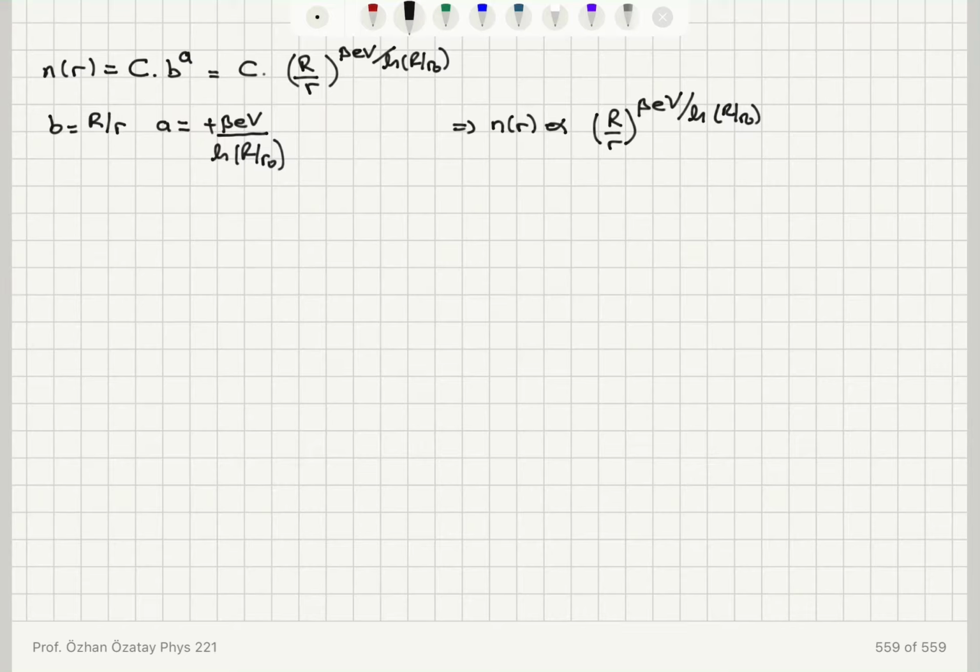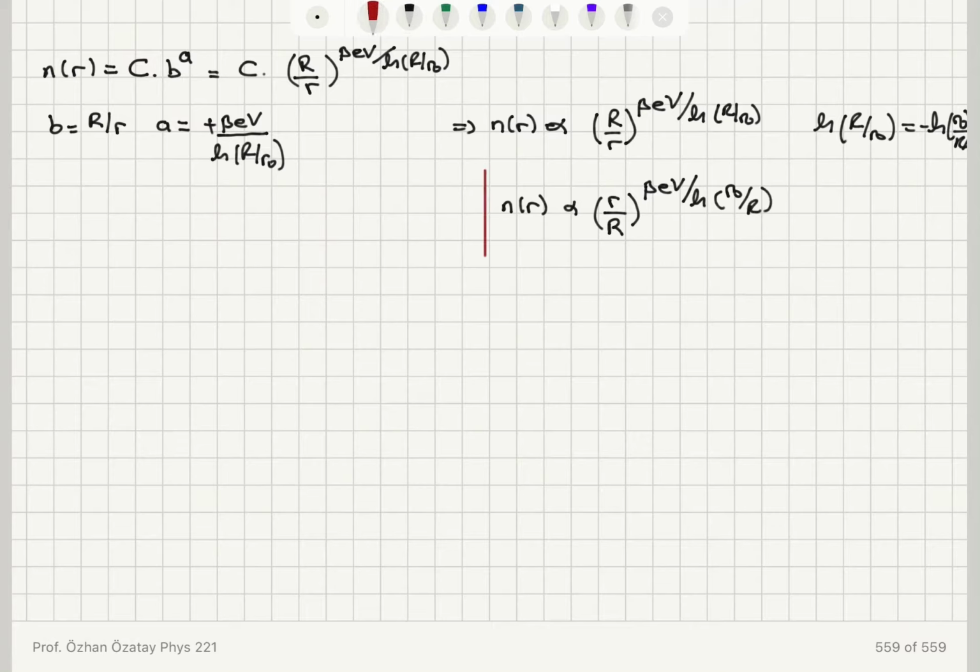Or you may find that this can be written differently, because natural logarithm of R over R0 is minus natural logarithm of R0 over R. We can also rewrite this with a minus sign, which will flip the capital R and r. So I can write this also as r divided by capital R to the power beta EV divided by natural logarithm R0 over capital R. This is just to have r in the numerator; I have rearranged it.